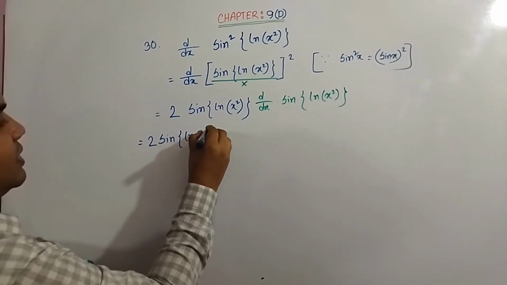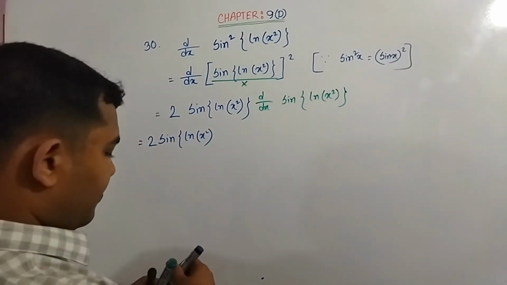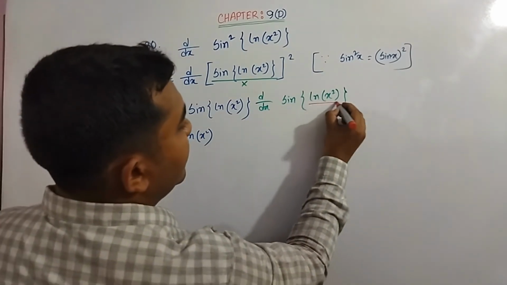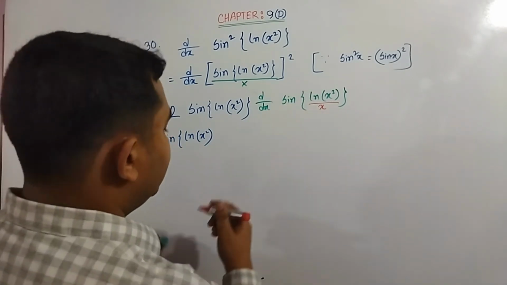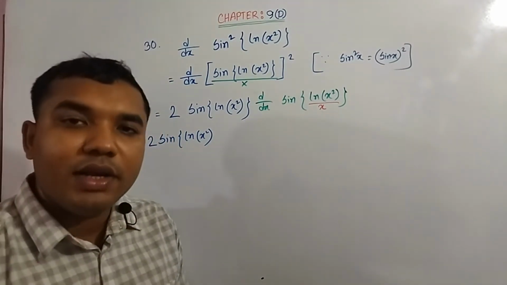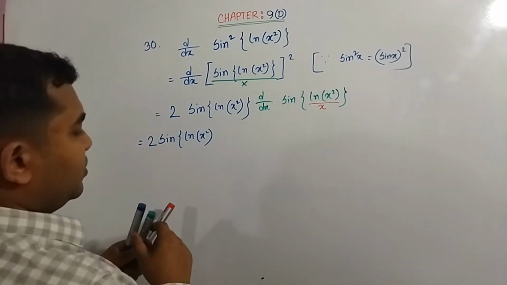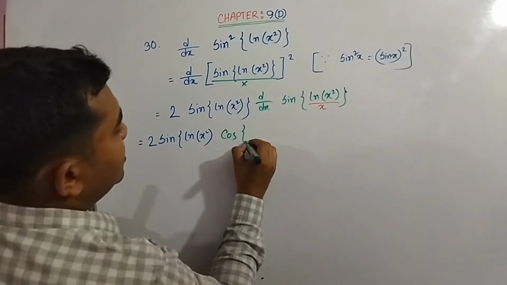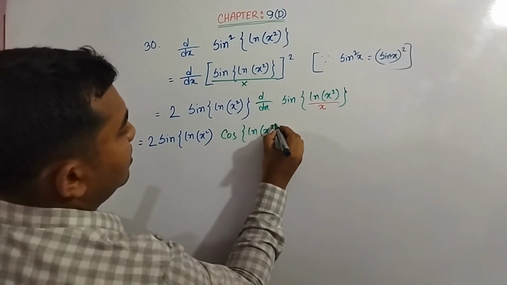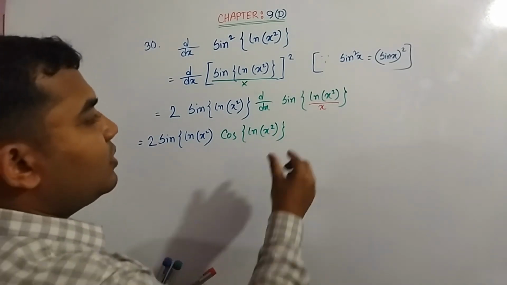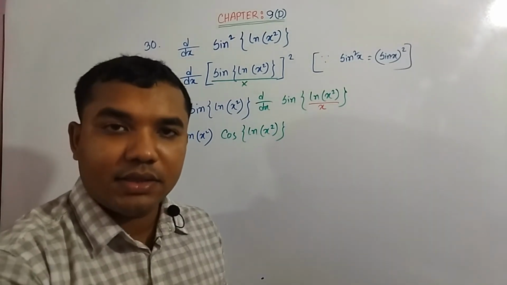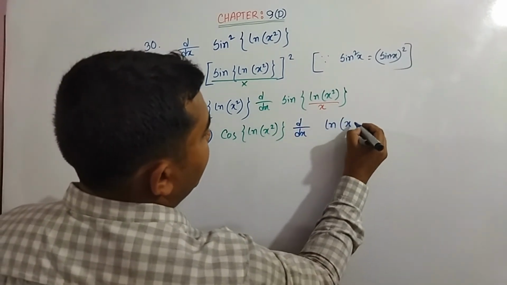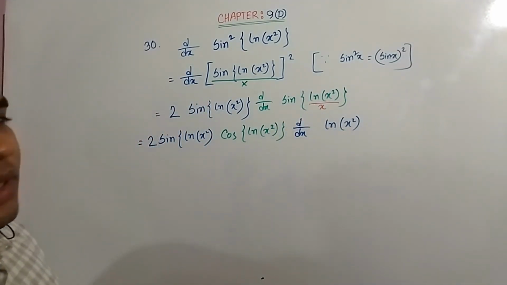Now we will think this part, ln x square, as x. So sine x, if we differentiate sine x, we get exactly cos x. So cos ln x square. So that part was our genuine x? No, that was our d dx of ln x square, because it was our assumption of x.